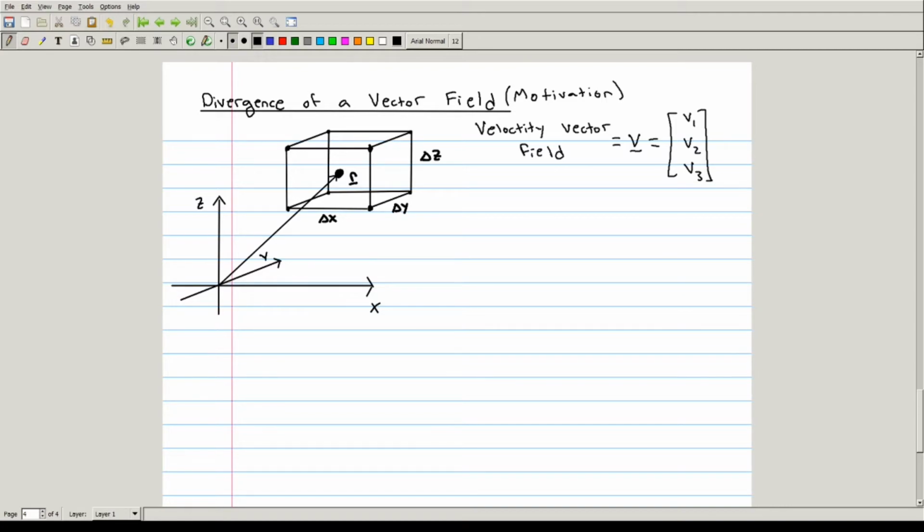But, so we have a velocity vector field, and what we'll consider is the flow of mass through this field, V. So specifically to do this, we'll consider what's called the behavior of the mass density function, rho of r, t, where rho of r, t is the mass density function.